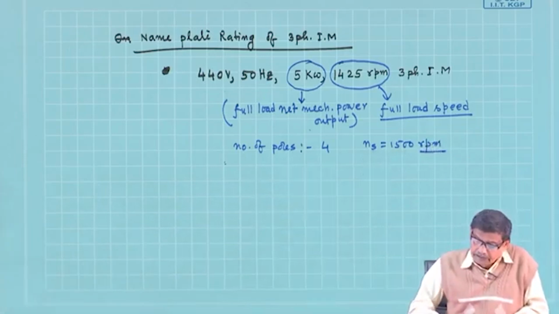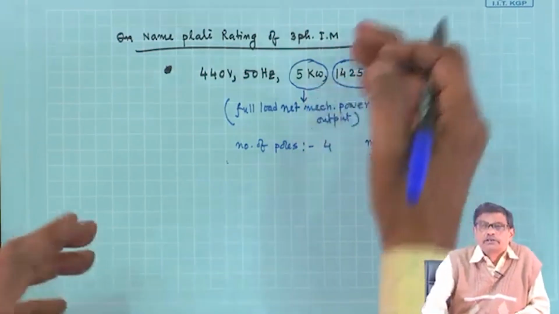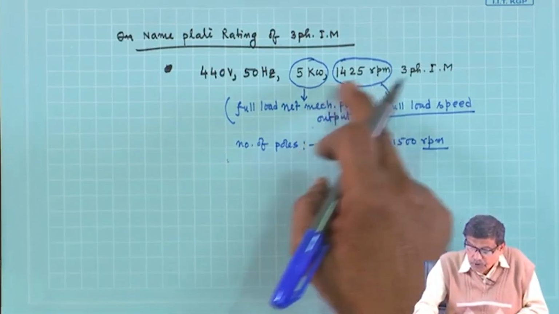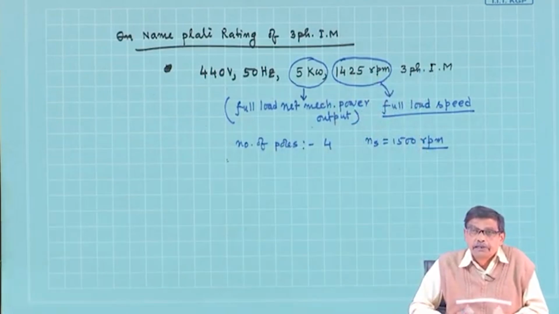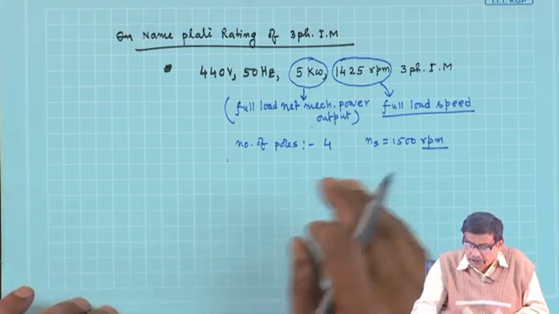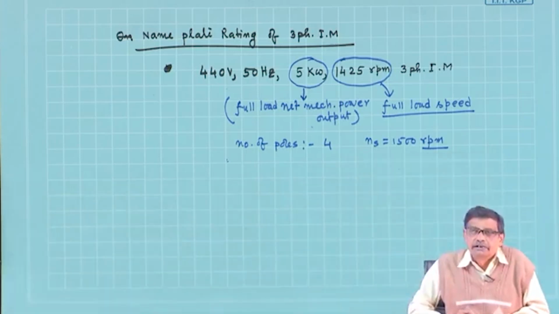The next highest synchronous speed, for 2 poles, is 3000 RPM, but that cannot be the synchronous speed for a machine whose full load speed is 1425 RPM, because the machine will be running even under full load at a speed close to synchronous speed, but just below it, that is 1500 RPM.